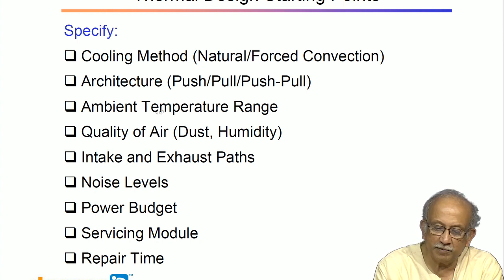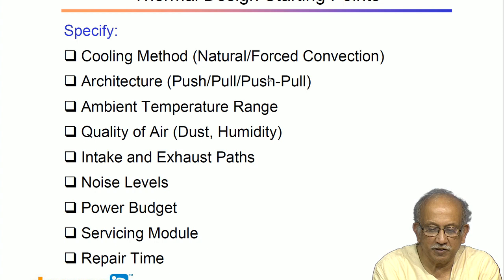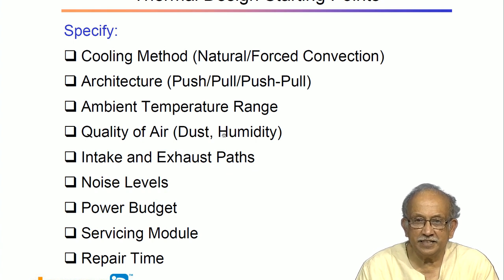So, somebody has to work out the push pull configuration, ambient temperature ranges and humidity ranges. This is where the important thing is, in the case of highly humid and condensing type of environments, peculiarly air is heated.